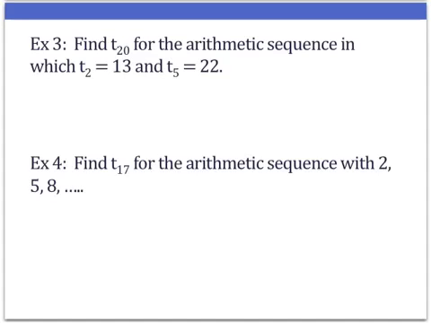Now our next example, I want to find the 20th term for this arithmetic sequence, but I don't have the first term. So what we're going to do is use a system of equations. And just as a reminder, I'm going to write our formula right up here.